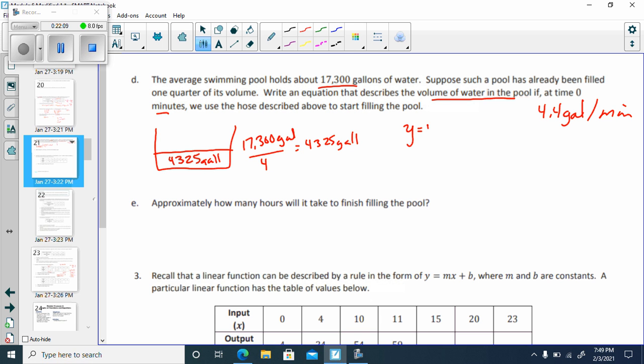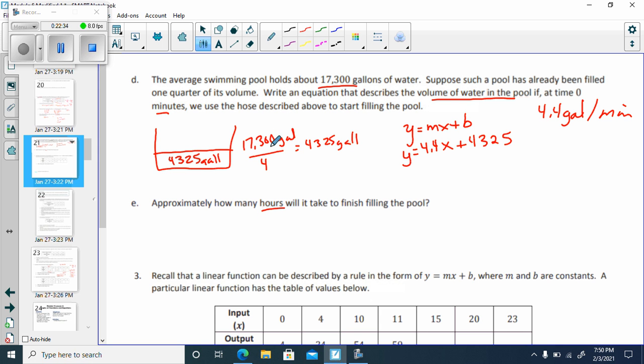Our linear equation is y is equal to mx plus b. What do we start with? We already have 4,325 gallons in that pool. There's our b, and our m is 4.4. Okay, there's our equation.